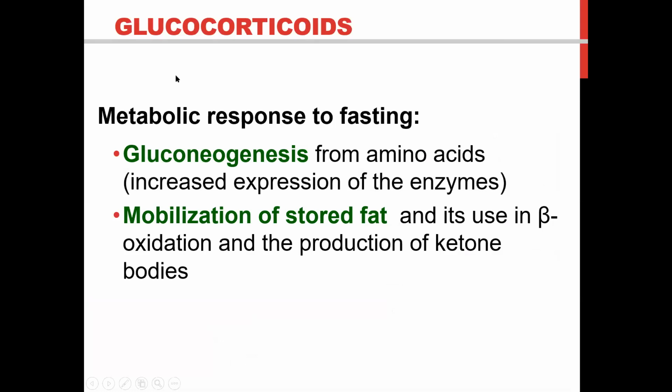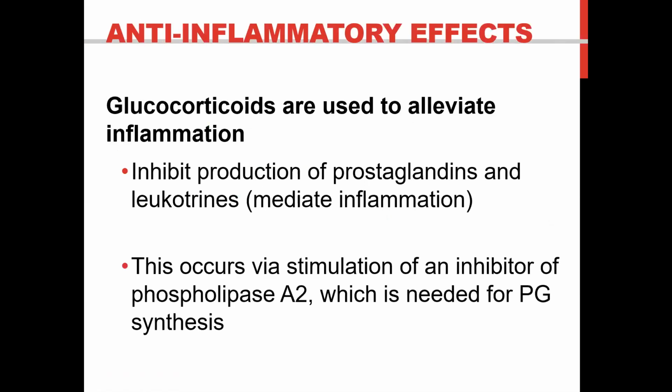And your metabolic response to fasting, no, in gluconeogenesis, there would be from amino acids, there would be increased expression of the enzymes and also mobilization of stored fat and its use in beta oxidation and the production of ketone bodies.